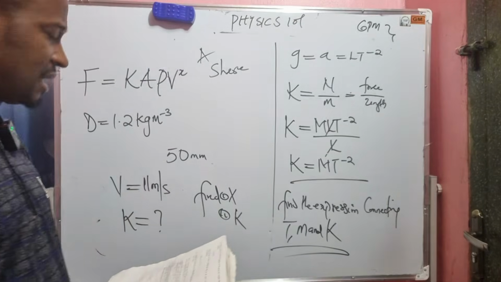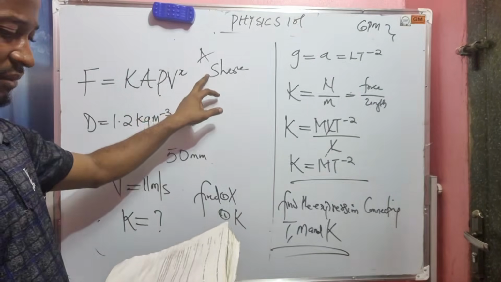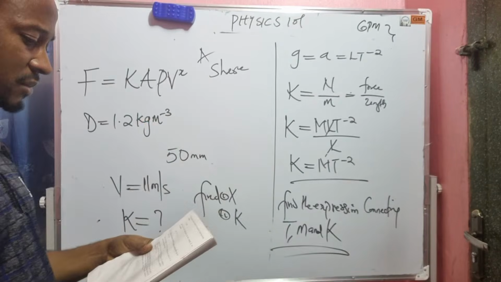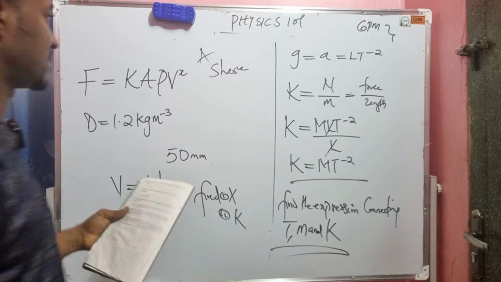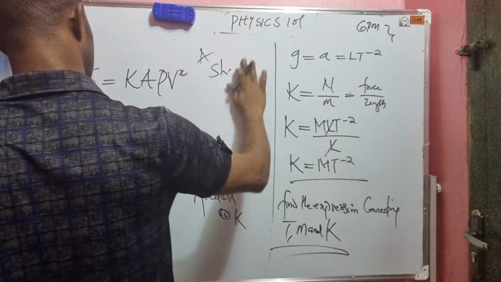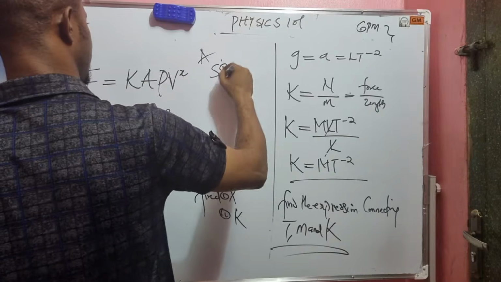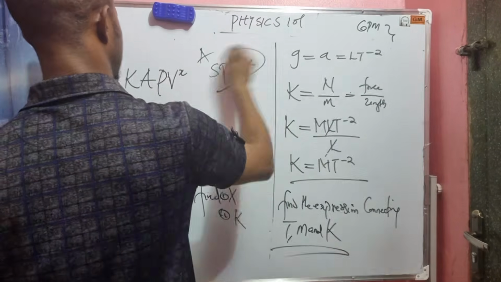Number 2 says a sphere of radius 50 millimeters. A sphere is spelled as SP, sorry for that mistake.